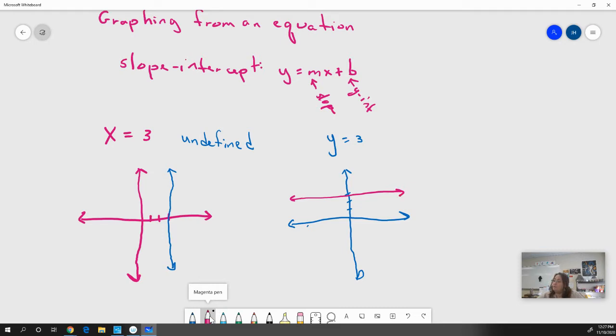And this one you can kind of think of as the slope. Like when we're talking in terms of a ramp, a ramp has a slope. It has either a steady incline or a steady decline, depending on whether you're starting at the top or the bottom, right? And that is the slope. But if the slope is like this, where it's straight across, kind of like a sidewalk, we'd say there is no slope.